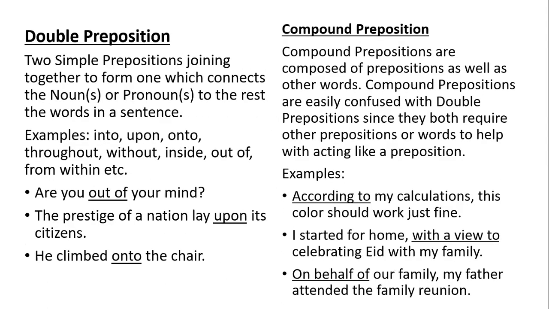Okay. So we have double prepositions. Two simple prepositions joining together to form one which connects nouns or pronouns to the rest of the sentence. So basically, if we divide any of the given double prepositions, we will get two individually meaningful prepositions, like into. We have in and we have to.